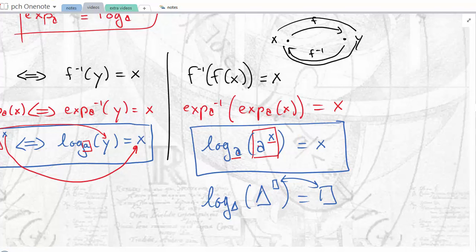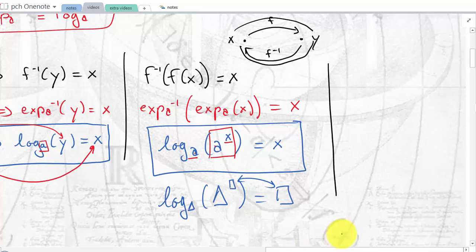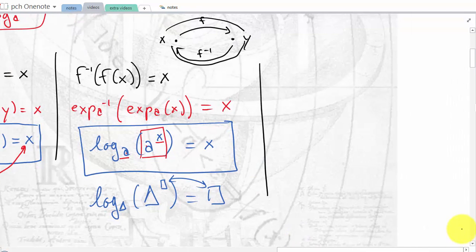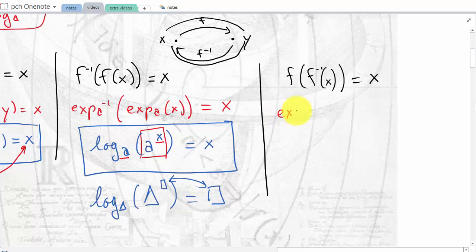It's a formula. Finally, the last one of the three most important properties is if you take an x and throw it inside f inverse, and then you throw that inside f, you will get back to x. It's exactly the same as the one we just saw. How does it work with exponential and log? So you have exponential base a of exponential inverse base a, and that is equal to x.